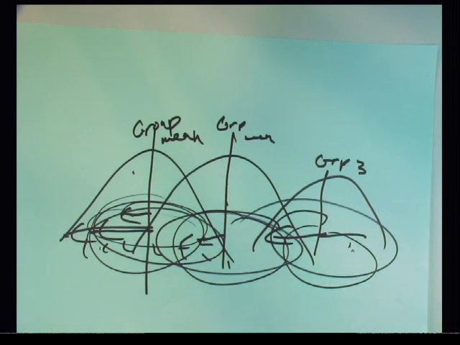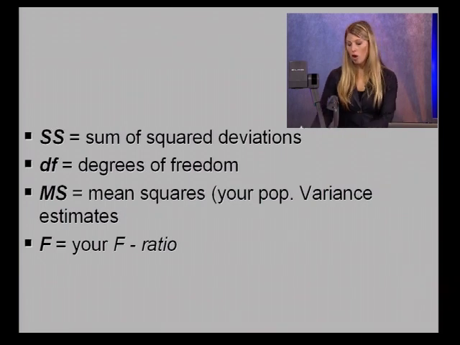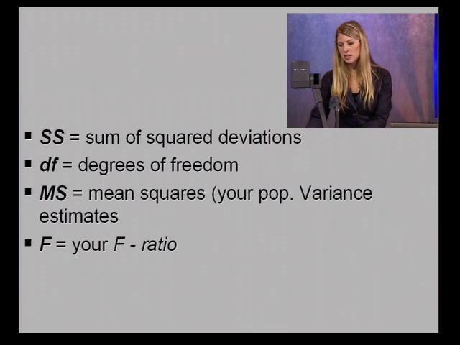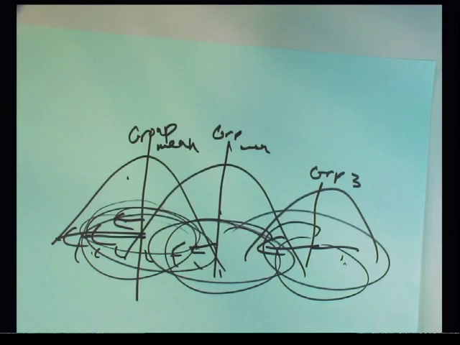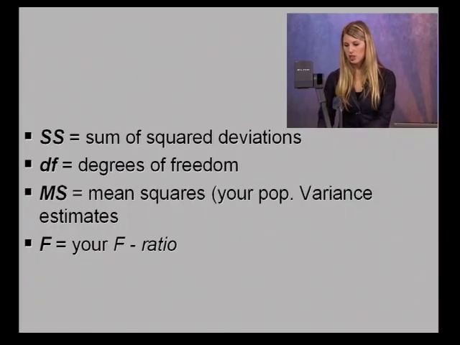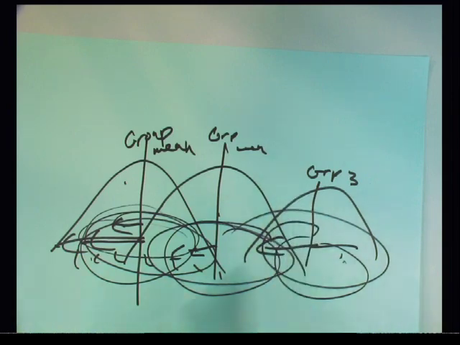So hopefully that's making sense, that you're using all of the scores to calculate the denominator of your F. You're only using the variance between the means to calculate the numerator of your F value. Once you have the MS between the three groups and the MS within the three groups, then you divide between by within to get your F ratio, or your F value.